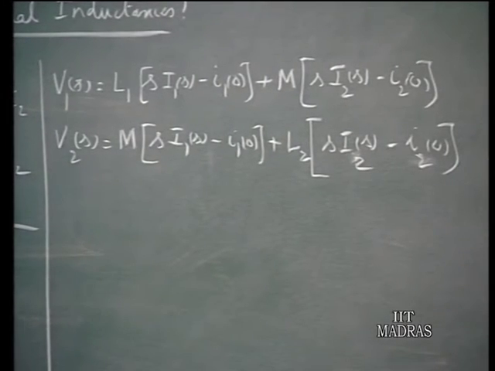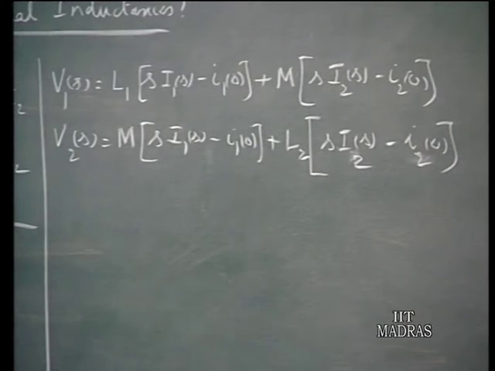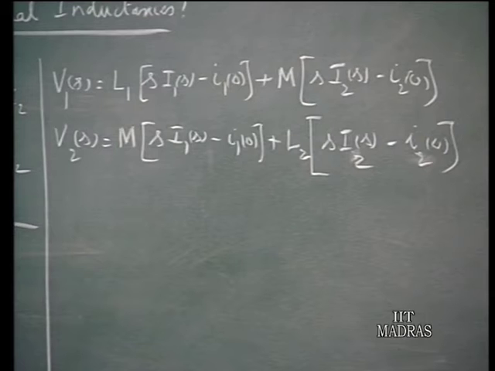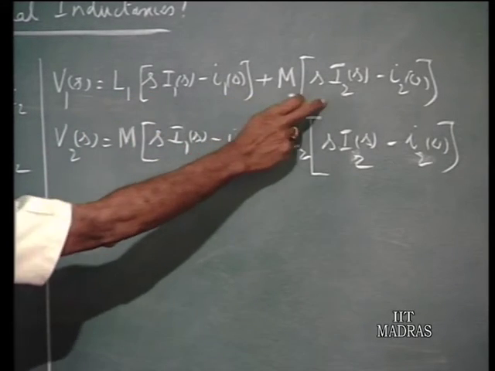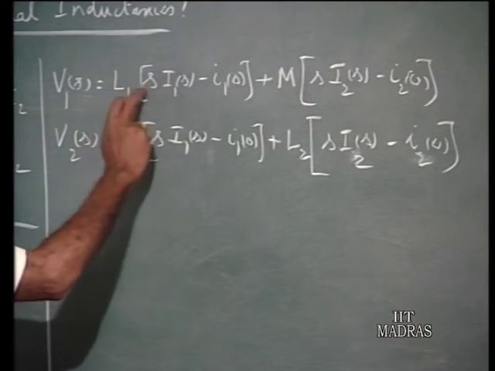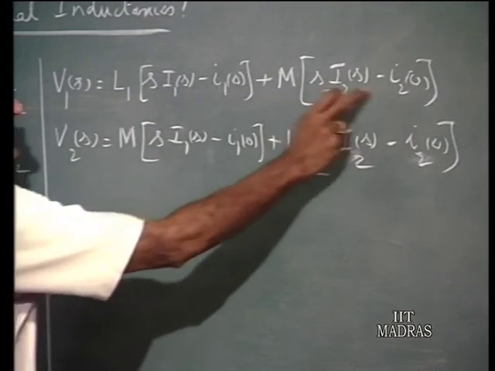Now, we have to draw a transform diagram which depicts these equations. So, what you have now is V1 of S is L1S times I1 of S plus MS times I2 of S minus L1 I1 0 minus M I2 0.